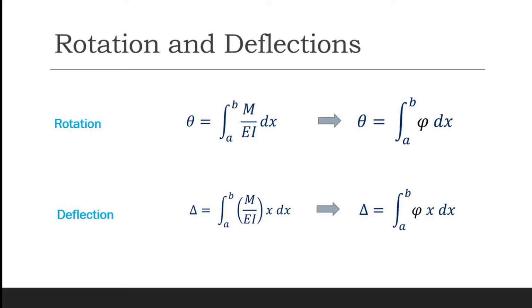A rotation is basically a summation of the curvature over a certain length, and deflection is then the summation of the rotation over another length. So we use the moment curvature curve in both cases to directly compute the rotations. We simply multiply the curvature by a certain length, and that gives us the rotation over that length.